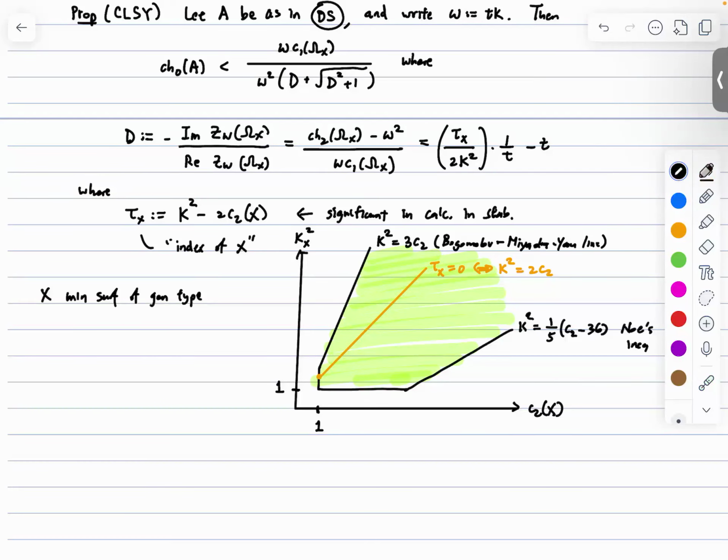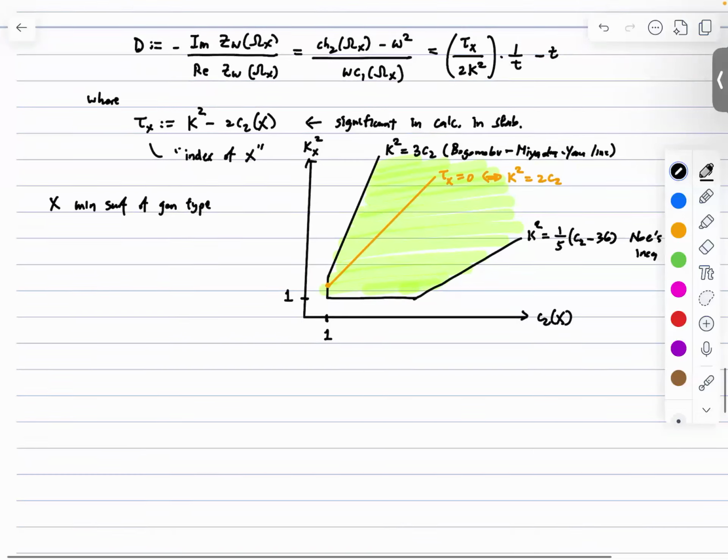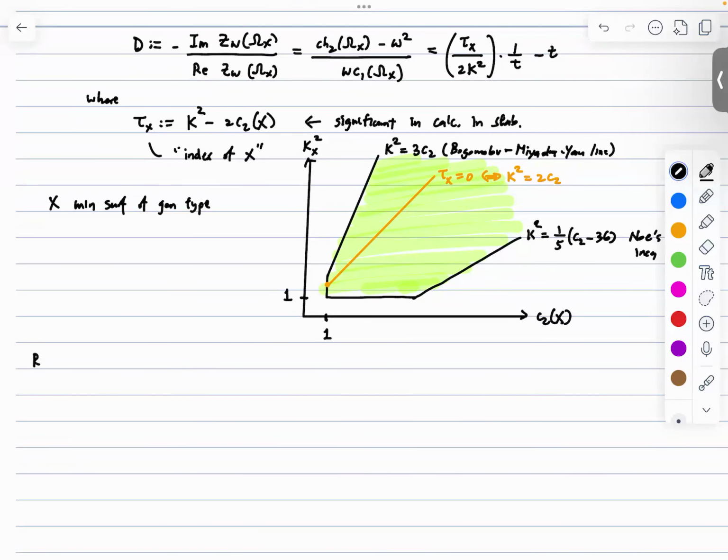So here are a couple of results that we have. Let me just write down some concrete statements. If we look at minimal surfaces of general type with geometric genus 0 and K squared equal to 9, then these will be the fake projective planes.